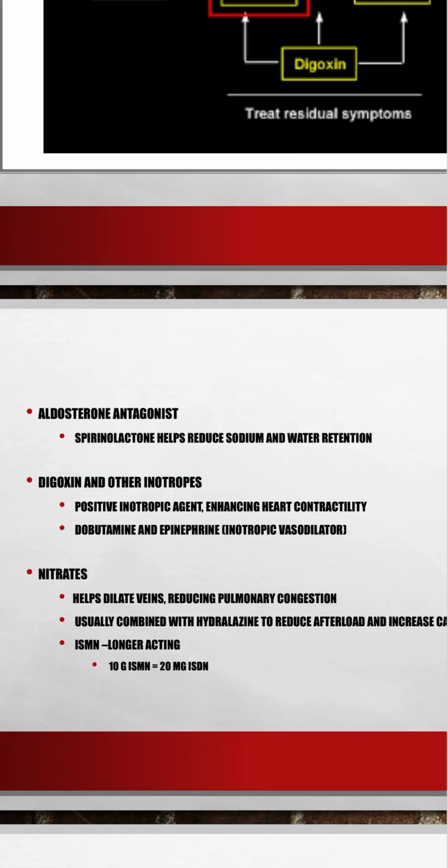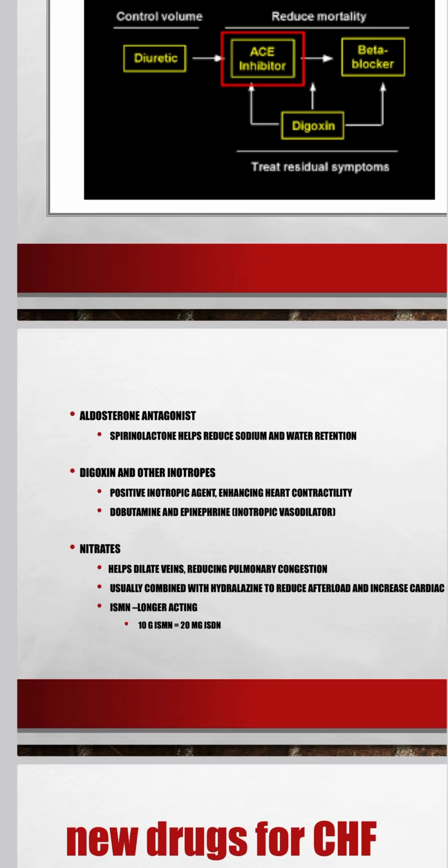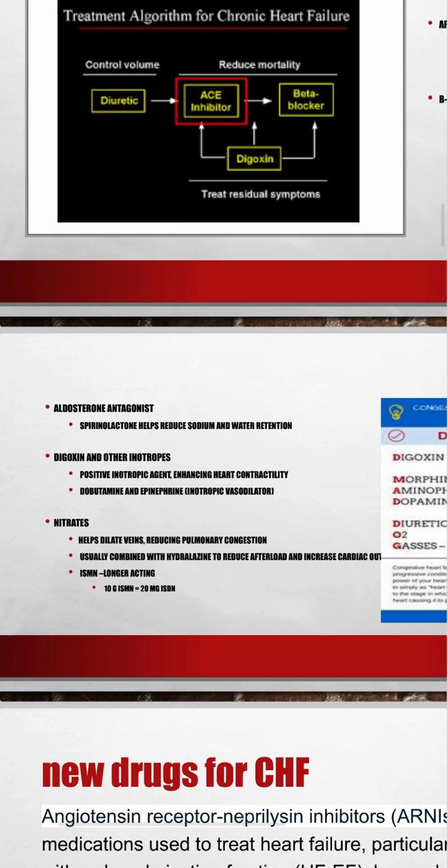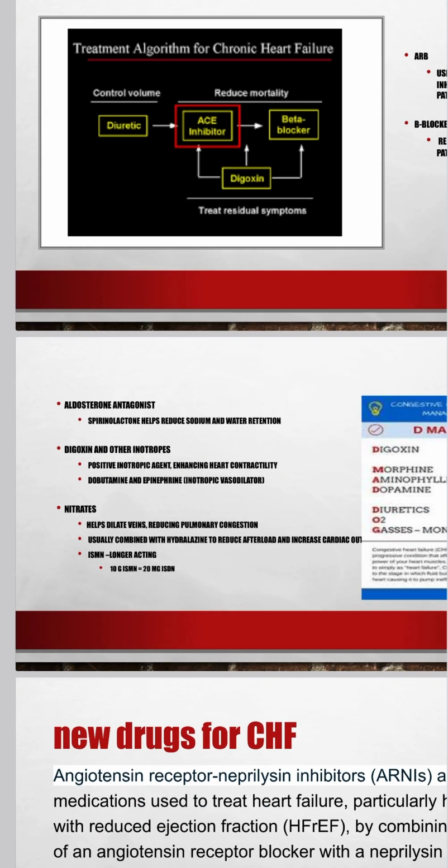So of the many nitrates, it is preferred to give the isosorbide mononitrate because it is longer acting. So the doses of 10 to 20 milligrams isosorbide mononitrate, and its equivalent 20 milligram isosorbide dinitrate are somehow prescribed frequently for heart failure patients.